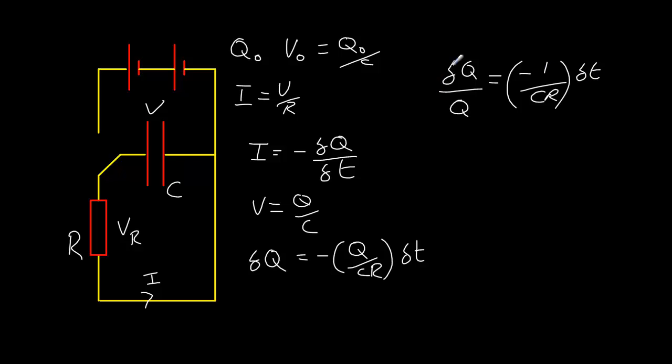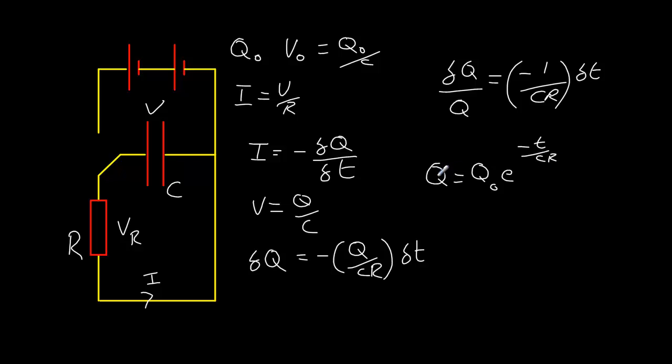If we take this to the limit, we get dQ by Q equals minus 1 over CR dt. If we rearrange and integrate between the original charge Q0 and Q with respect to time, we get that the charge on the capacitor will equal the original charge on the capacitor multiplied by e to the minus t over CR.